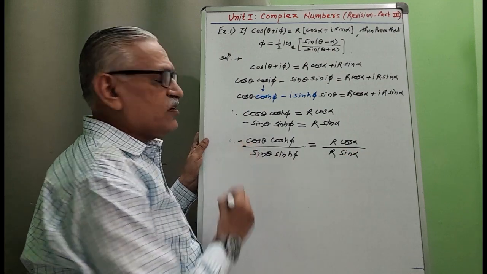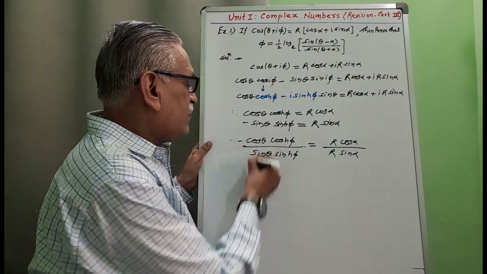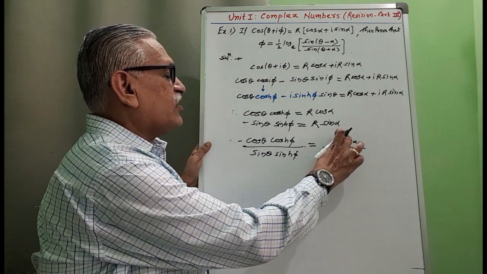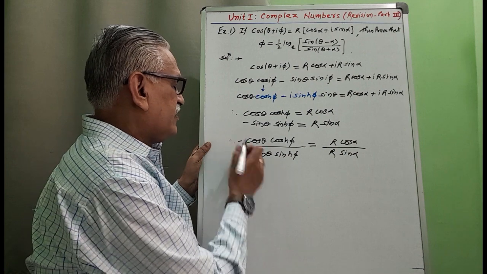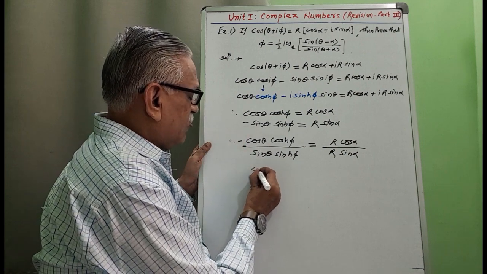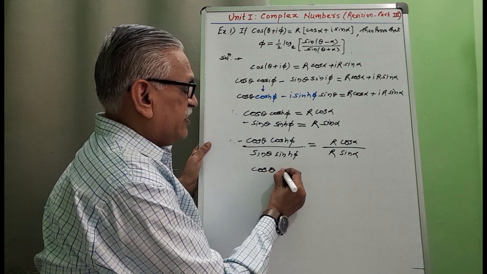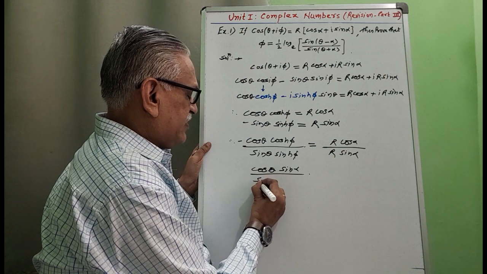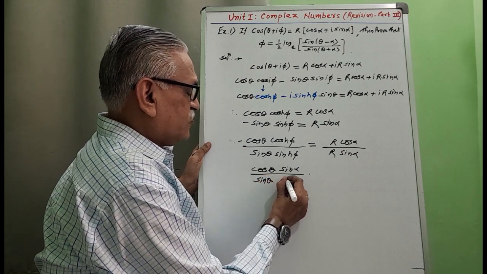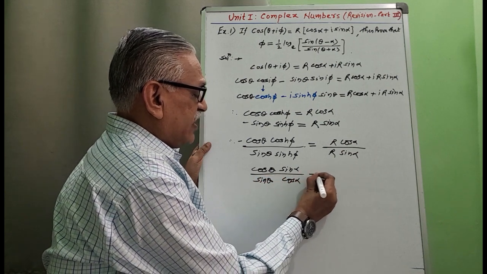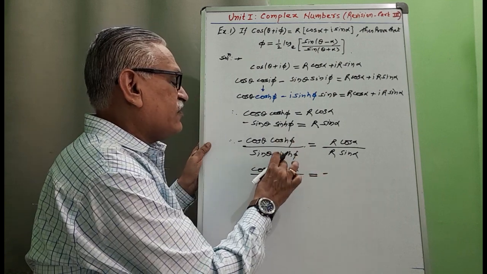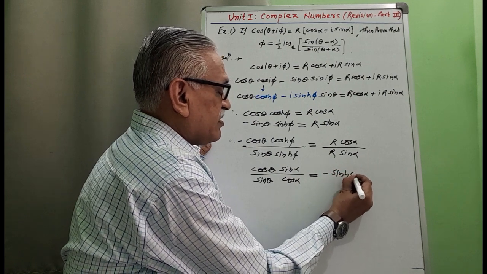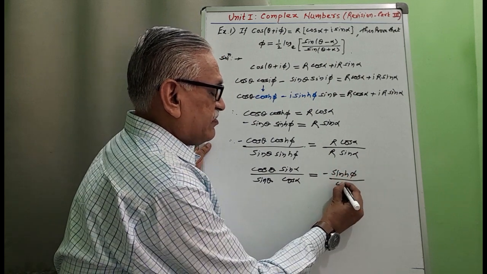This minus sign we take on left hand side only, and therefore simplifying it, transferring this cos alpha by sin alpha to left hand side, we get cos theta into sin alpha divided by sin theta into cos alpha, and that is equal to minus cosh phi divided by sinh phi. We transfer to right hand side, it becomes sinh phi divided by cosh phi.